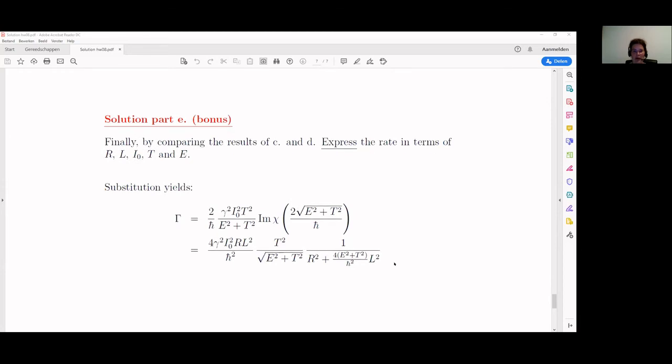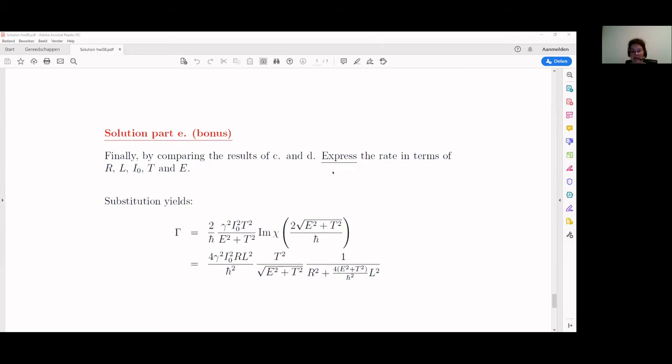So the bonus question was asking you to compare your results of C and D. C, this expression for the response function, and D, the expression for this response function in terms of R and L and so on. So comparing those means basically substituting one into the other. And if you do that, you end up with a longer expression, but it's a very straightforward substitution.